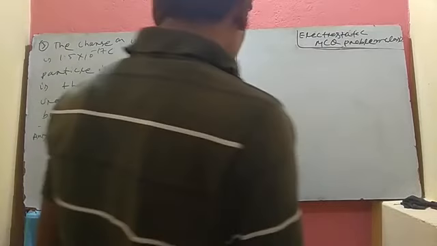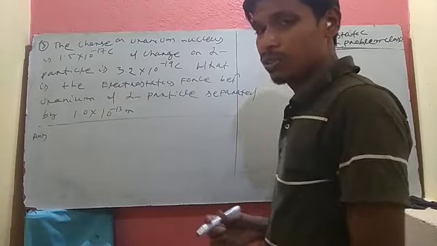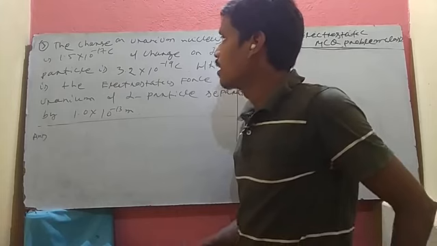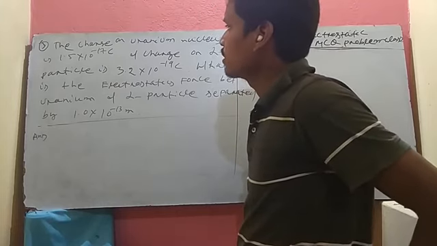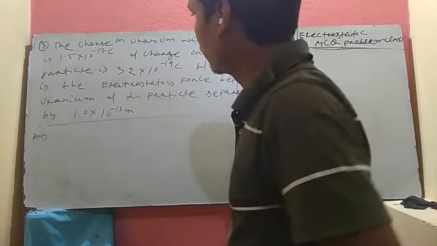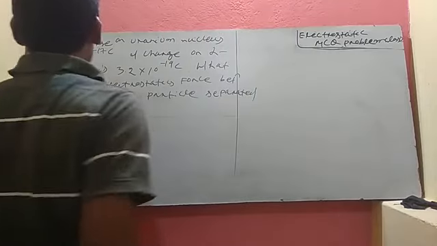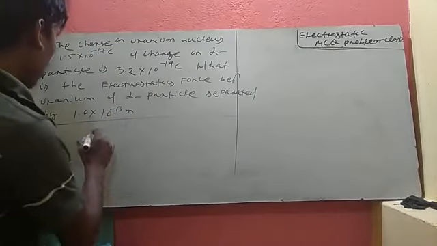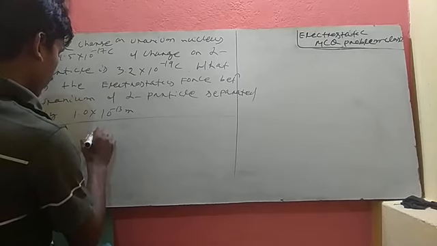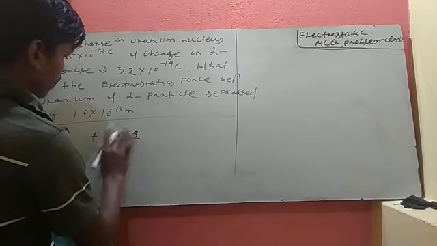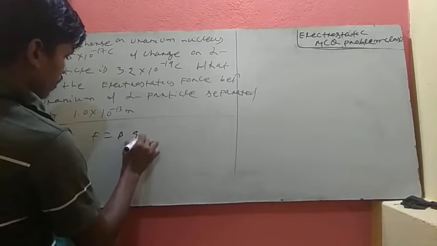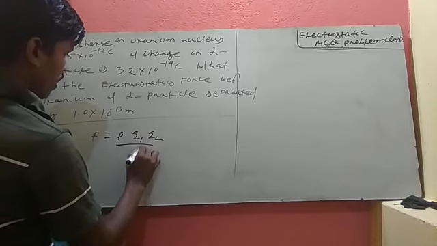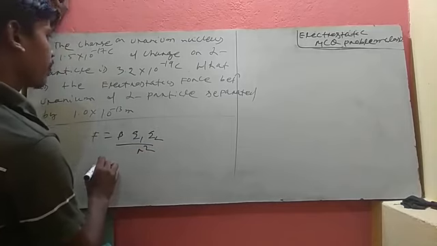Another question is an easy question: put the formula, get the answer. The charge on a uranium nucleus is 1.5 into 10 to the minus 17 coulomb, and the charge on an alpha particle is this. What is the electrostatic force between them? That formula F is equal to beta Q1 Q2 by R square. Yes or no?